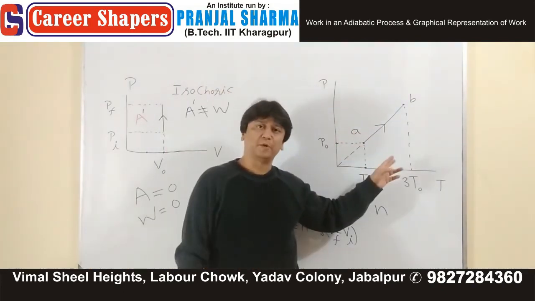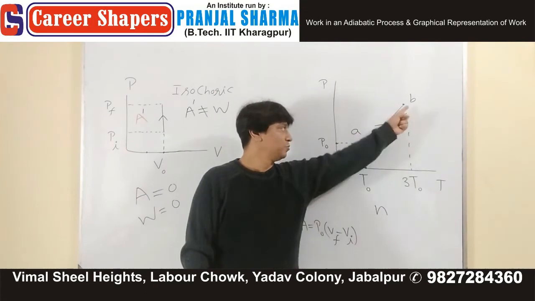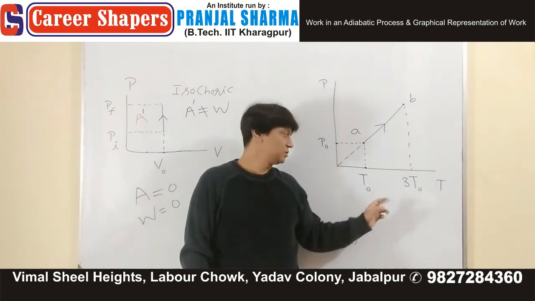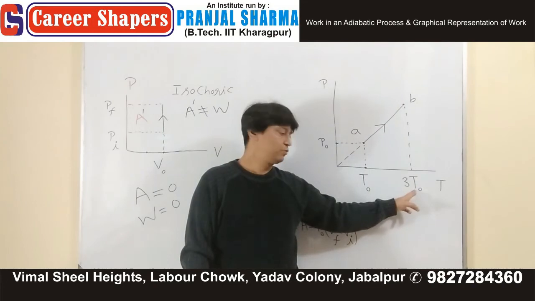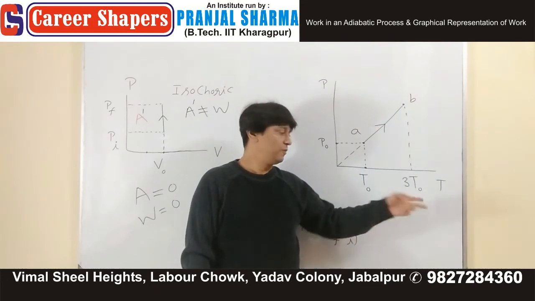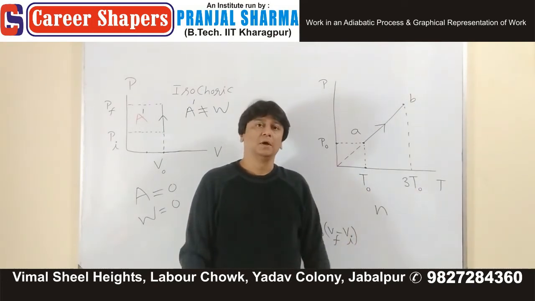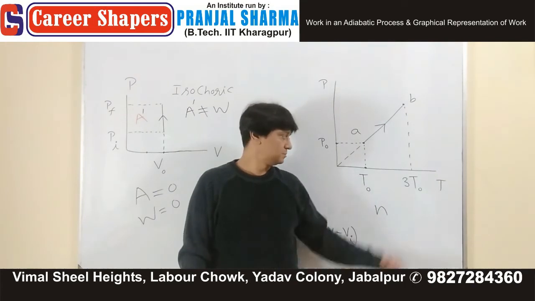So a thermodynamic process takes place from A to B such that temperature changes from T naught to 3 T naught. Find out the work done by the system.